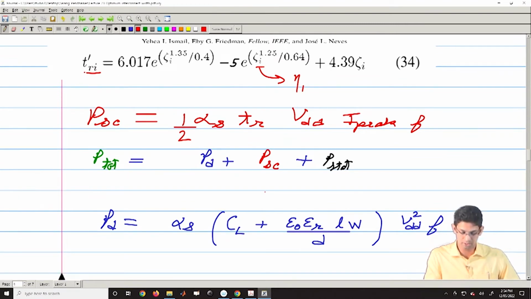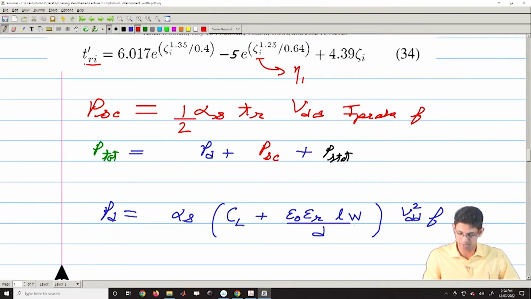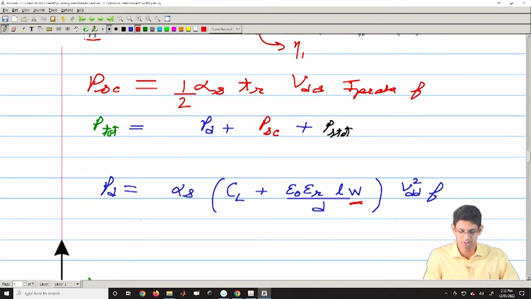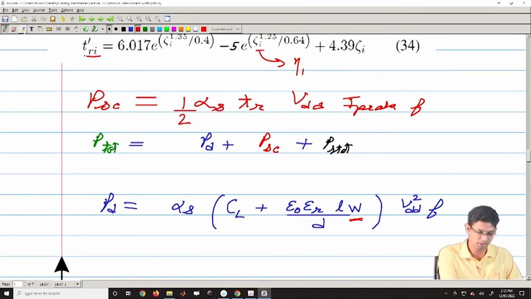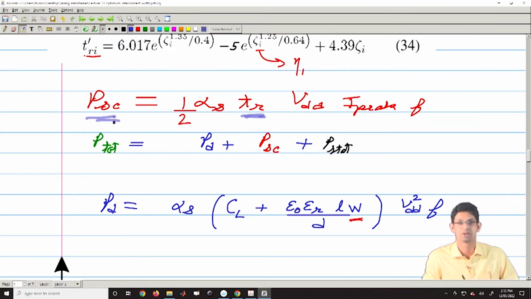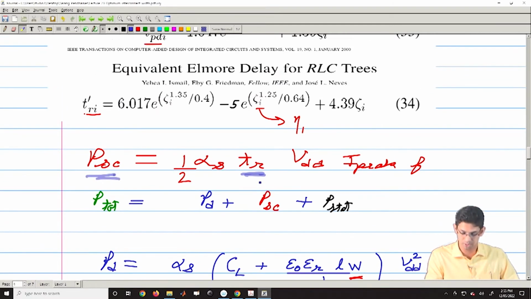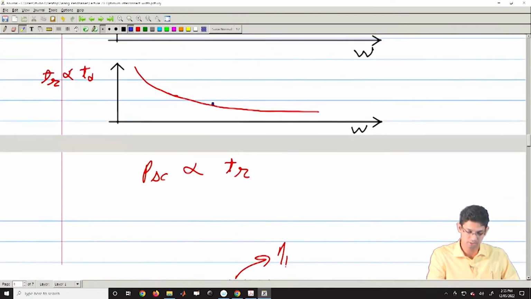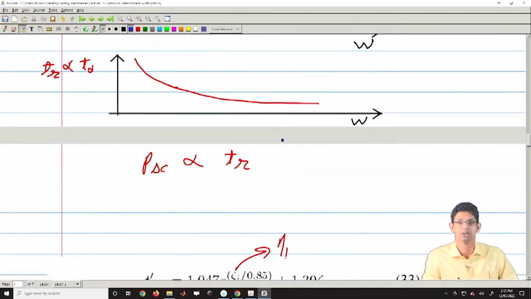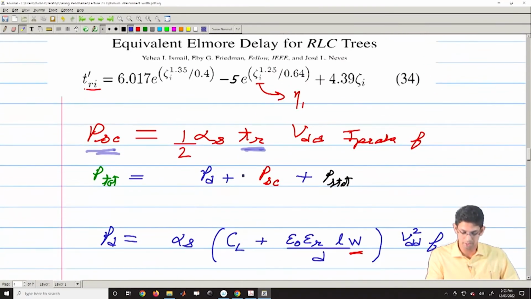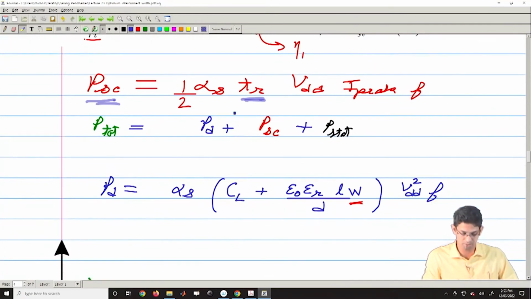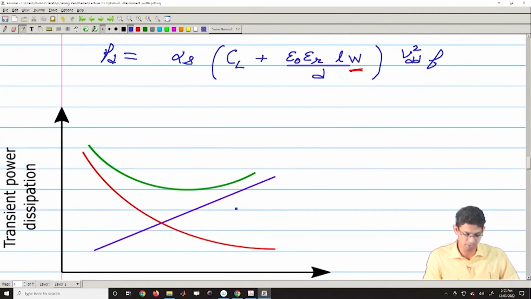As we had seen in the dynamic power, if I reduce my width, my dynamic power was reducing. However, in short circuit power, if my rise time or transition time increases, my short circuit power increases. So, if I combine this rise time with omega and get a relationship here, I would be getting something like this.